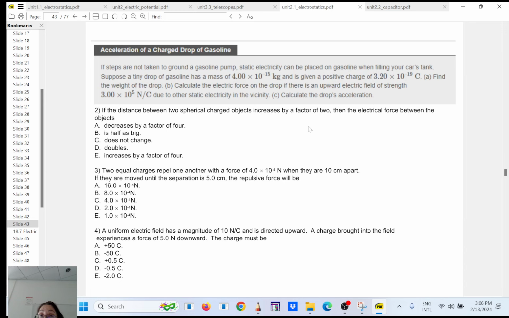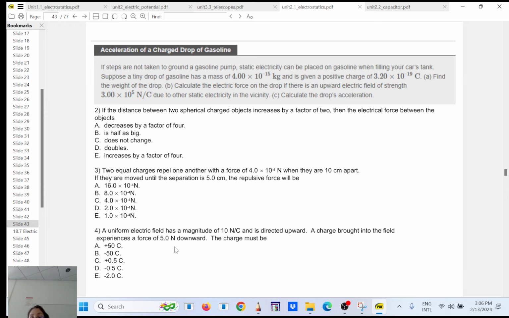Very good. It's an inverse square law. For example, if they were 10 centimeters apart and now they are 5 centimeters apart, what's happening to the distance? It has been divided by 2. So the force is multiplied by 4. So the answer will be A, right?